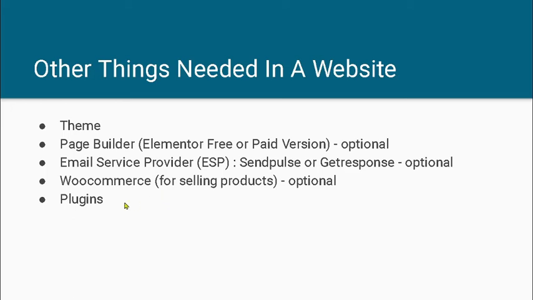Plugins. What are plugins? These are software additions to your website that give more added features or functionality to your website. An example is WooCommerce. Like I said, if you want to sell products, just install WooCommerce on your WordPress website so you can upload your products, process the sales, and collect payments.